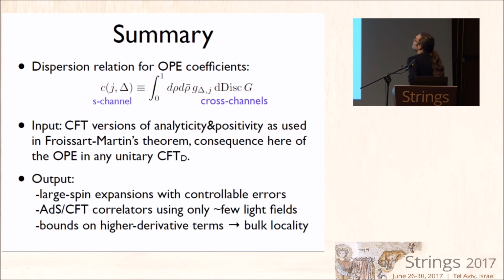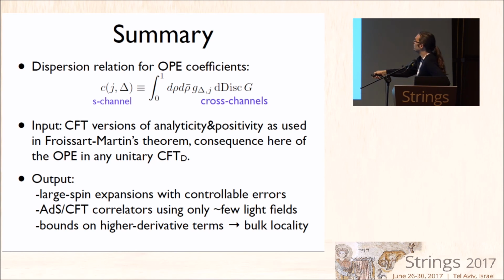So this is the summary. We discussed a dispersion relation, which gives you OPE coefficients in terms of a certain imaginary part of the amplitude. The inputs are essentially CFT versions of analyticity and positivity that were also used by Froissart and Martin in the 60s. They're literally the same.